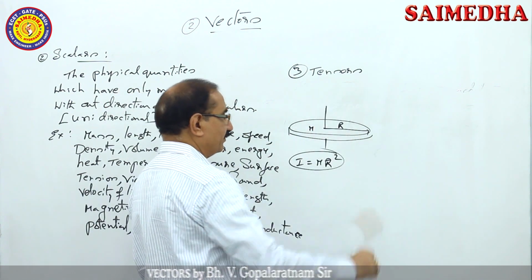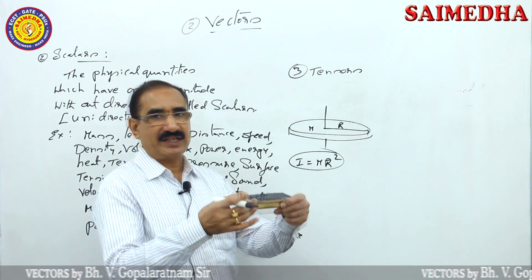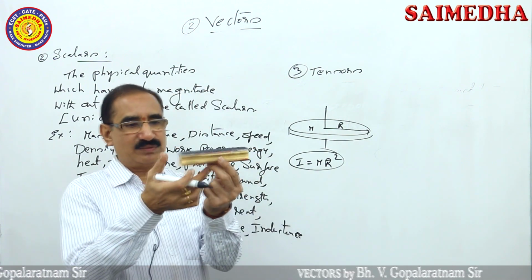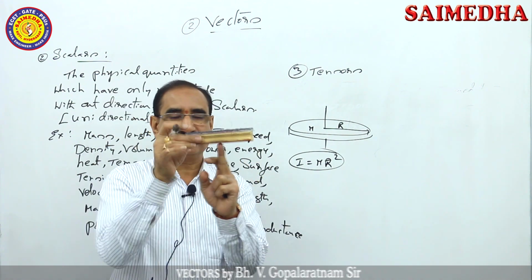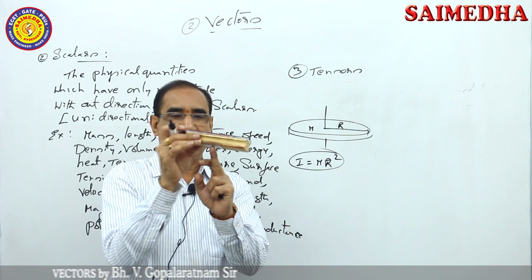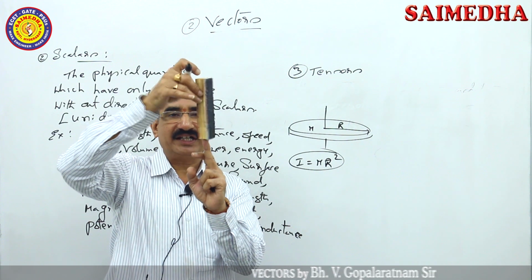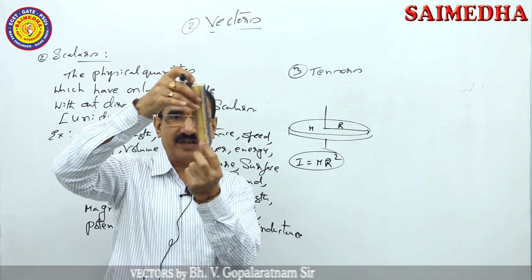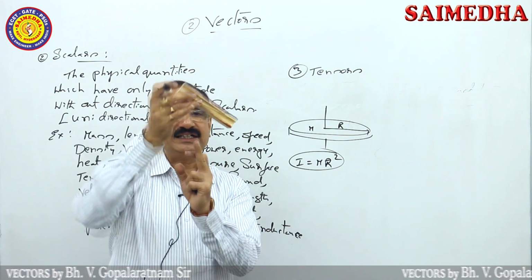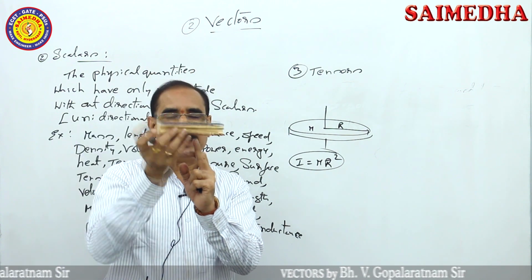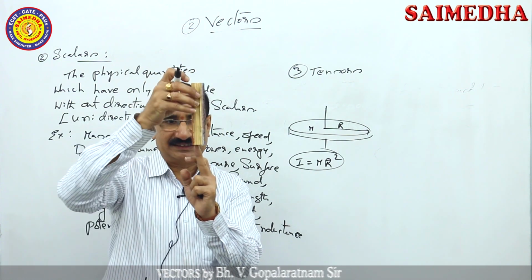In this direction one value will be there. I am taking a body like this, the radius is more in this direction, so it will have some moment of inertia. Now, this same body is rotating like this, the moment of inertia decreases because the radius of gyration decreases. Like that, according to the direction, the moment of inertia value changes.